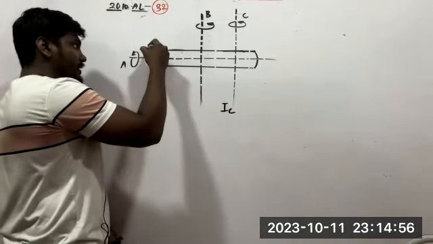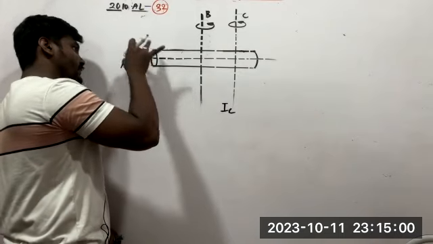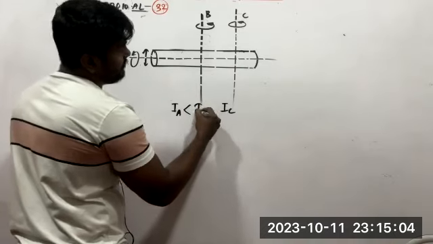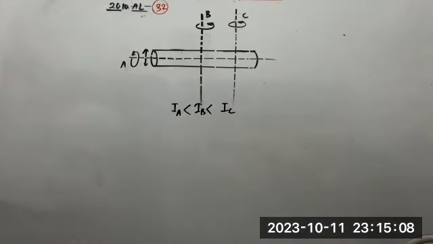The small moment of inertia belongs to A because the mass distribution is very close to the axis of rotation. B is in between. Raise your hands if you understood. So that's the idea.